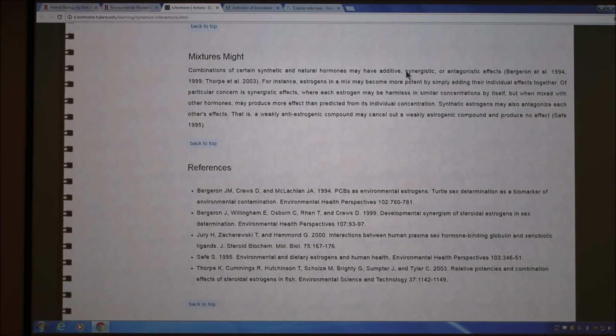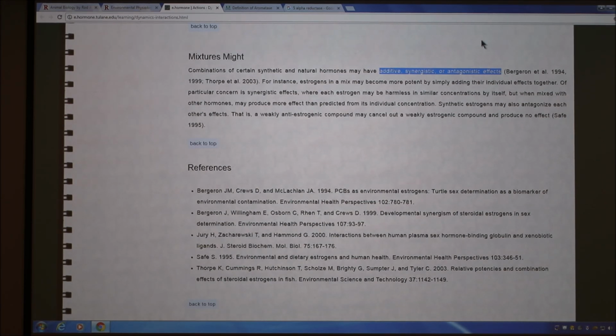Okay, so here's a good word. These are 3 good words right there. Okay, additive effects. If 2 hormones have an additive effect, here's what you do. Write down 1 plus 1 equals 2. That means hormone 1 and hormone 2 added together bring out a bigger result than either one. 1 plus 1 equals 2. Okay? Then synergistic.